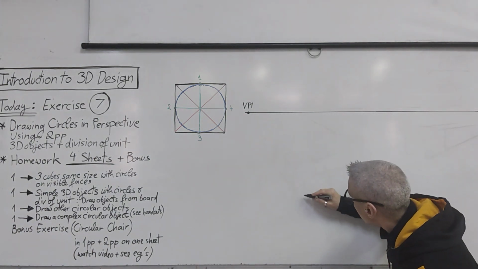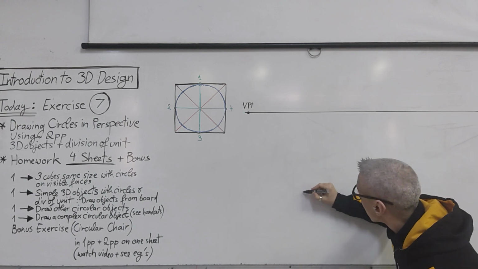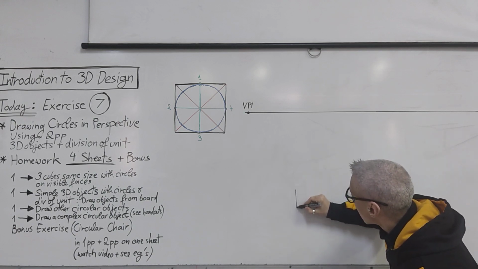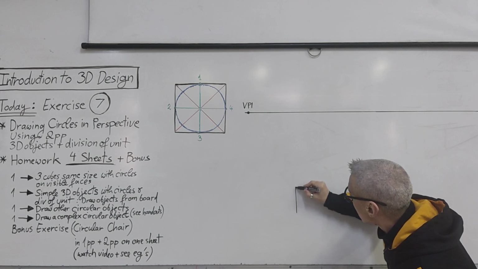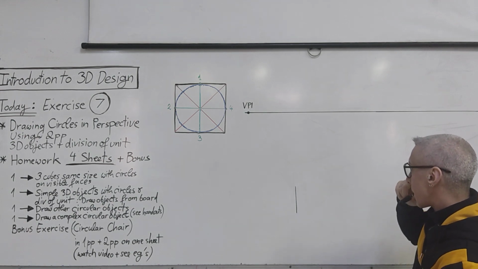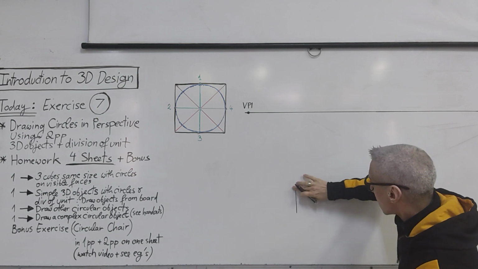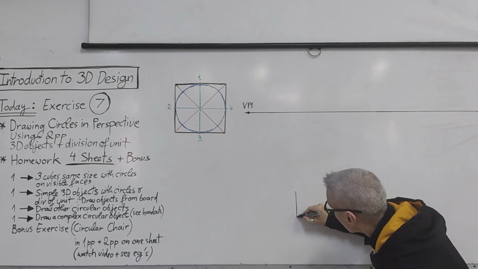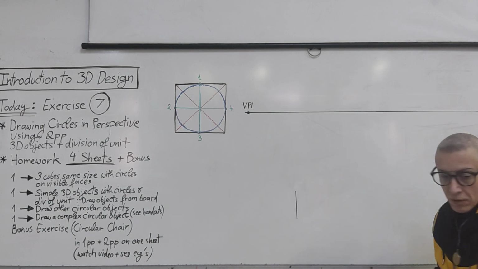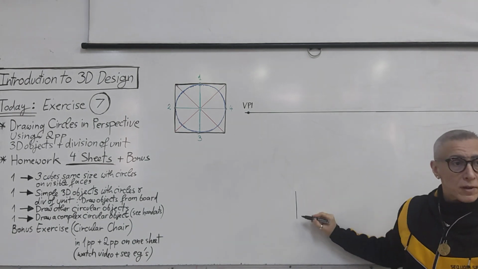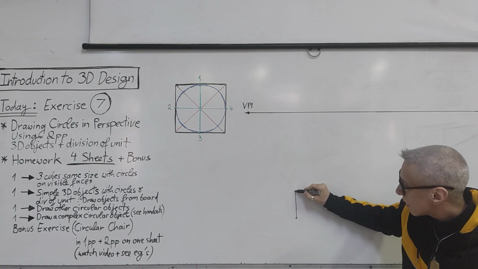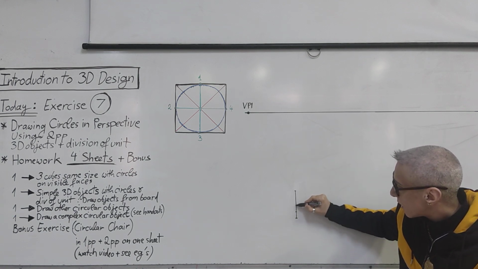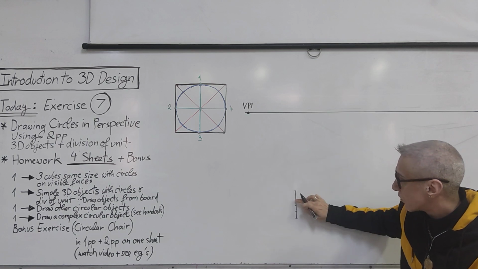So, let me start here. So I will start. So on your paper, you will measure from here to here to be what? 5. 1, 2, 3, 4, 5, whatever, okay?